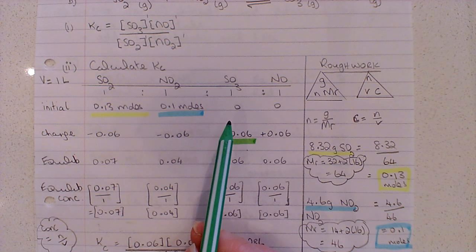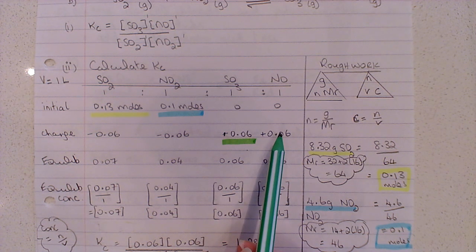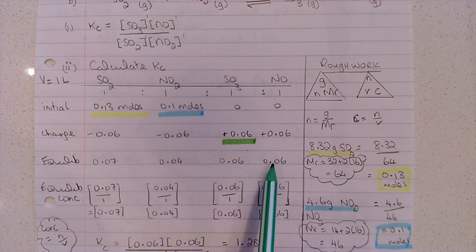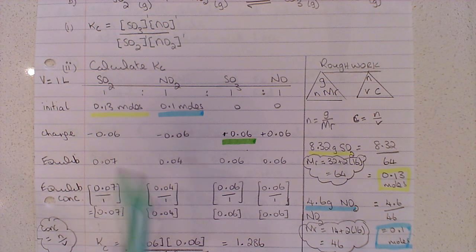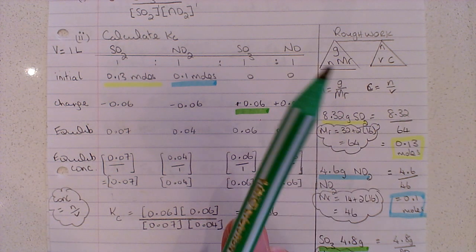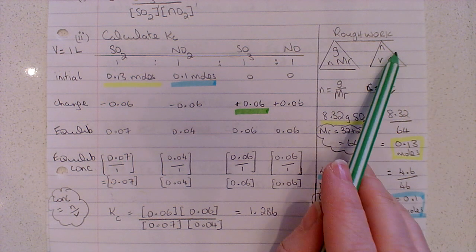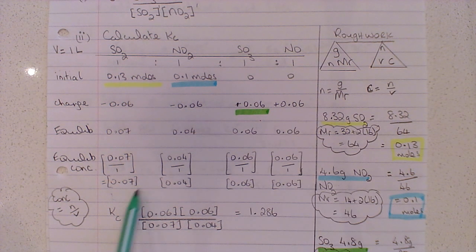I started with no SO3, I'm adding 0.06 moles, so that gives me 0.06 moles of SO3 at equilibrium. For NO, it's a similar story: nothing to start with, adding 0.06 moles of NO. So those are the number of moles at equilibrium. Now we just have to convert that into a concentration. Remembering our not very complicated triangle, to work out concentration, it's number of moles divided by volume. The volume here is a nice easy one, it's just 1.